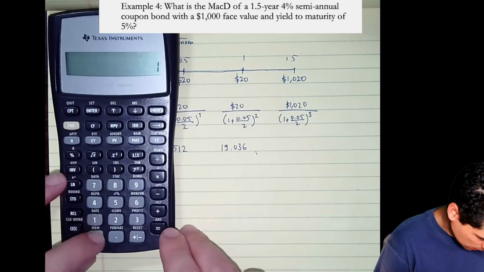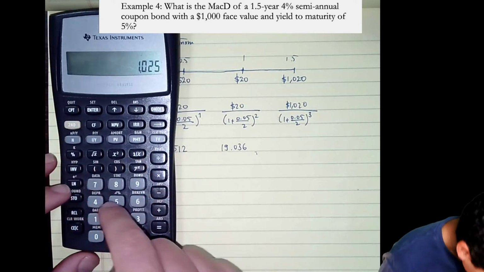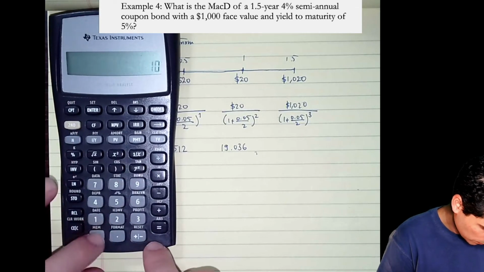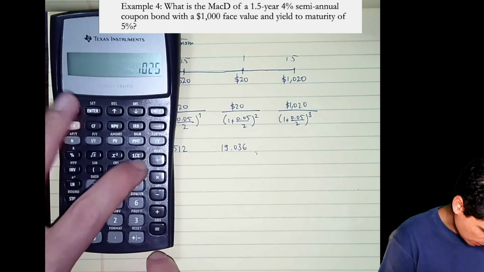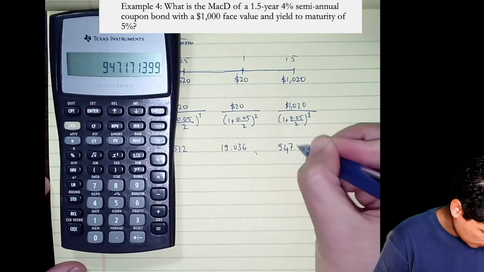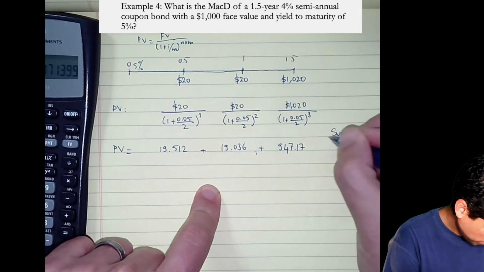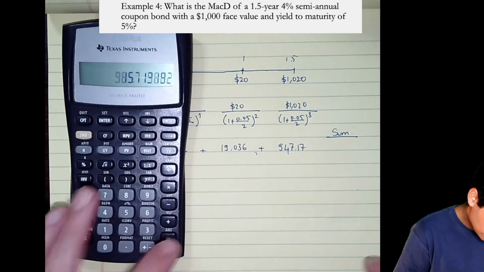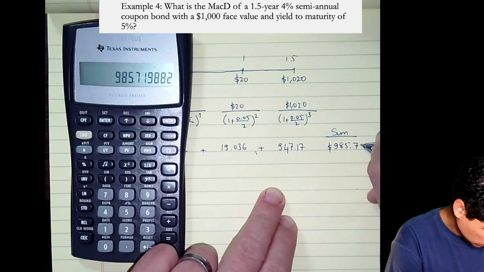And the last one is 1020 divided by open 1.025 raised to 3 close, equals 947.17. Store 3. If I add these up, this plus recall 2 plus recall 1, I'm going to have $985.720.